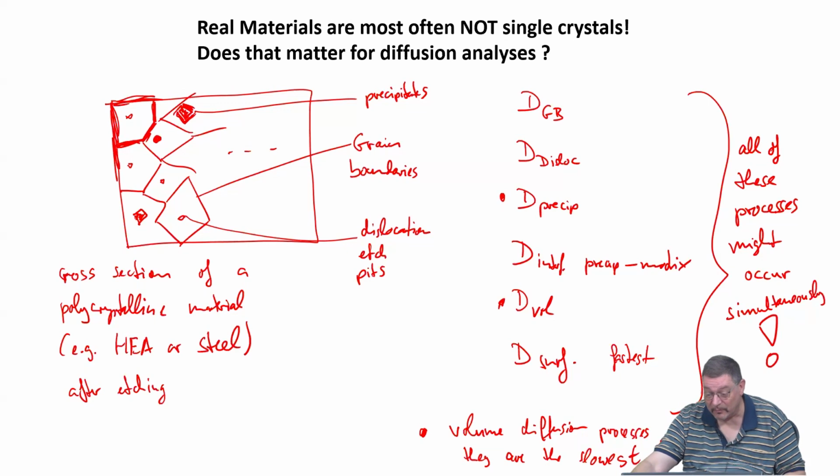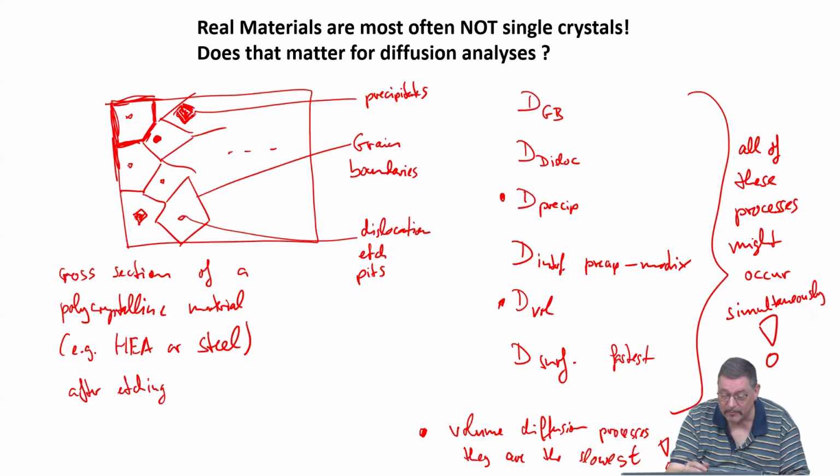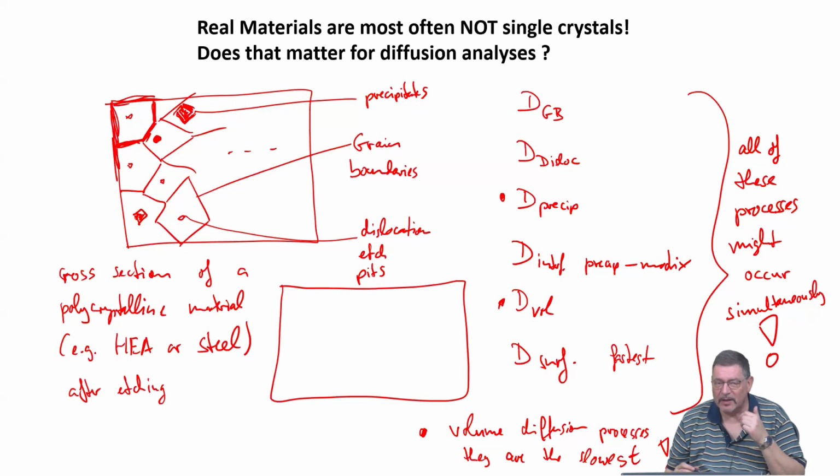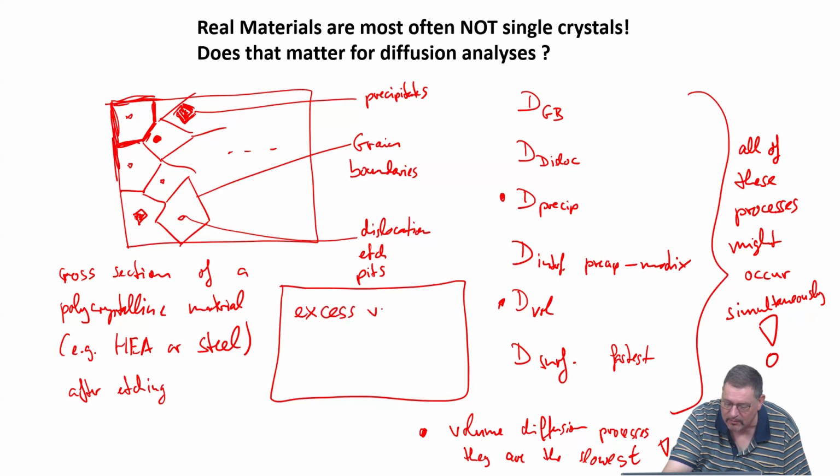Yeah, exactly. And one important point which you mentioned, which is the easiest concept to get a mental picture of why different processes have different activation energy. It's the excess volume.